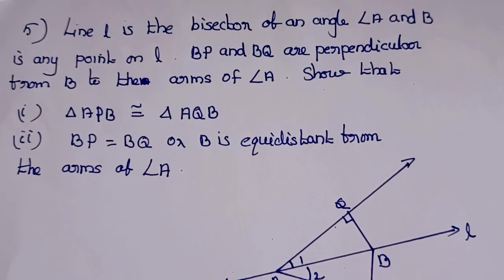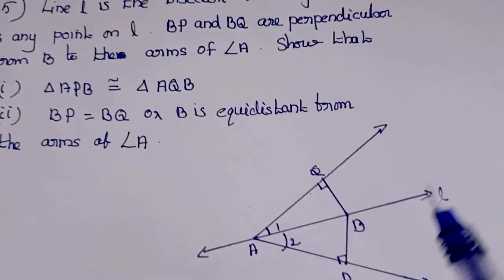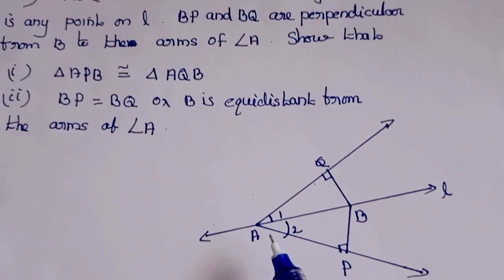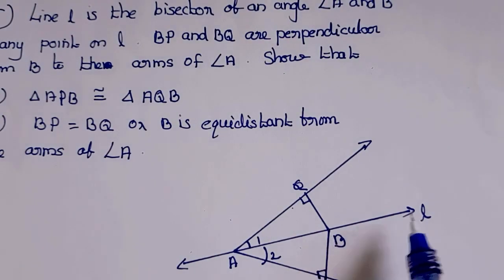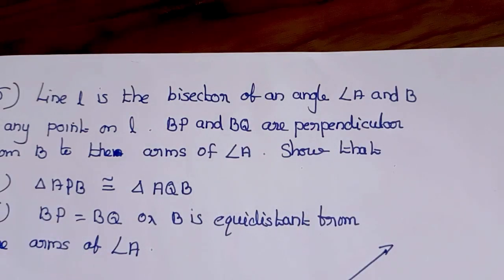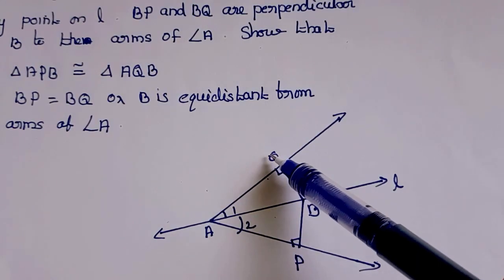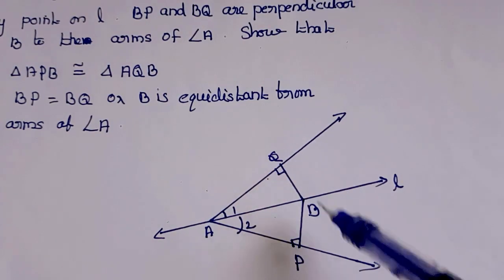Fifth question. Line L is the bisector of angle A, and B is any point on this line L. BP and BQ are perpendiculars from B to the arms of angle A. These two are the arms of the angle.